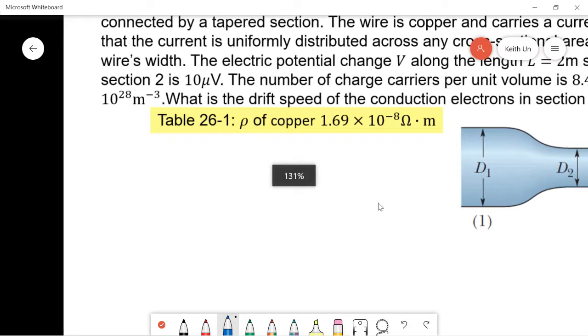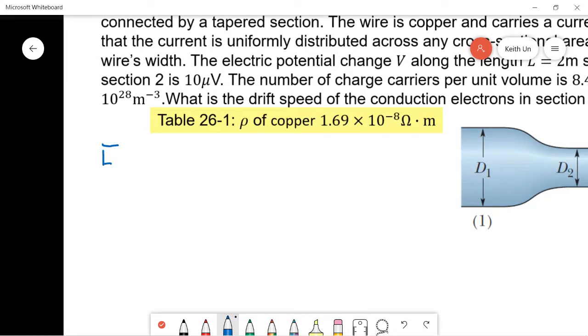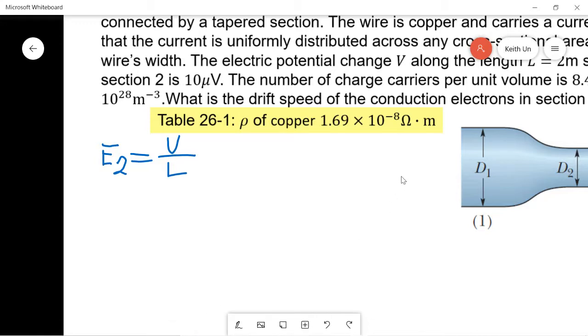So first of all, we may calculate the electric field at section 2, which is V over L. I see this point.